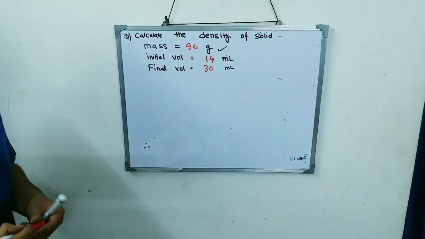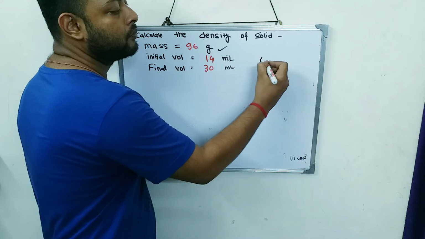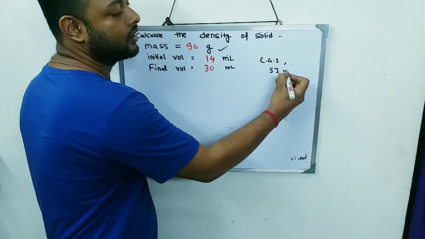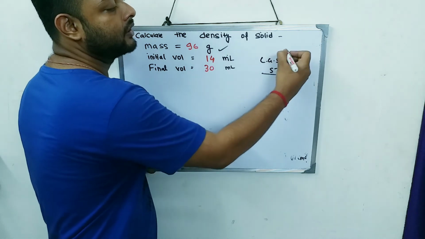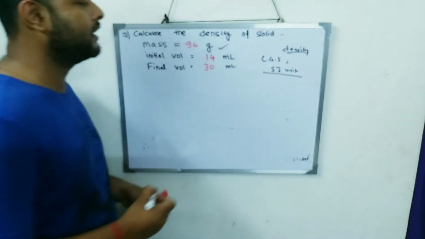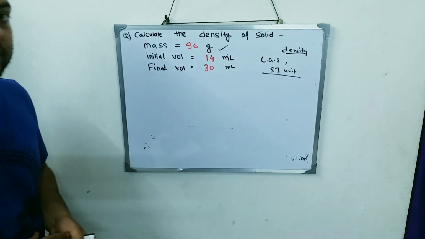So I want the answer both in CGS and SI unit. I want the density in both CGS and SI unit. I hope you can do this sum, right?